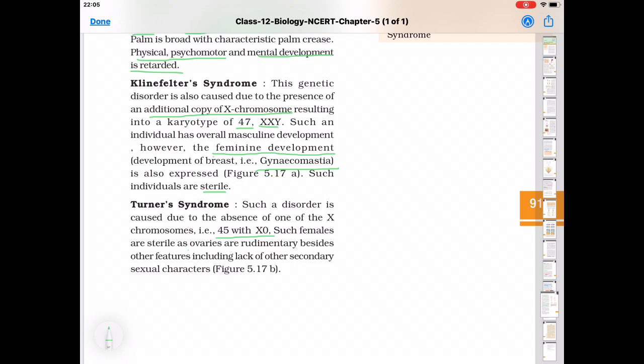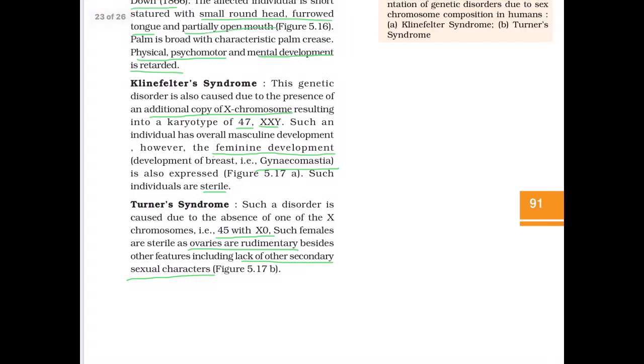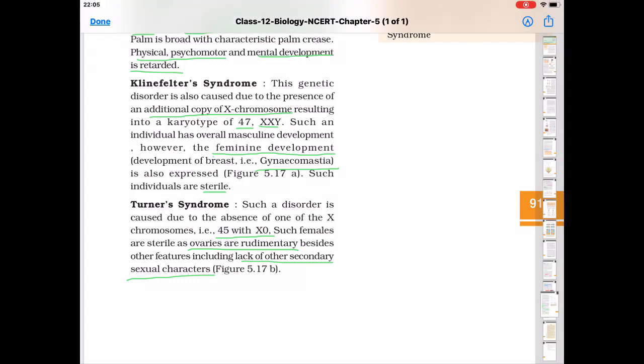The ovaries are rudimentary. Rudimentary means only small structures are present, they are not functional. And other features like lack of secondary sexual characters are also present. They are phenotypically female, that is, from the outer appearance, female-like structure is present.